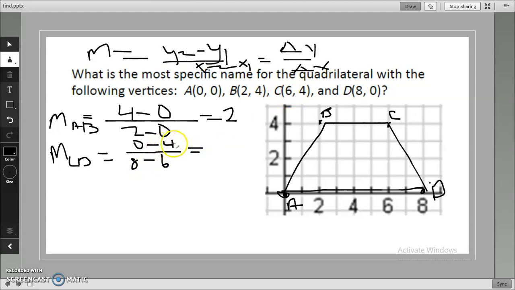And so I get negative 4 over 2, and that gives me negative 2. So these two sides are not parallel. Let's do BC.